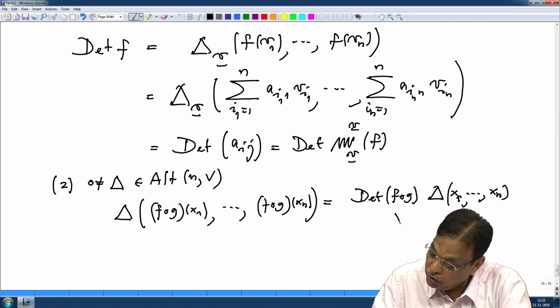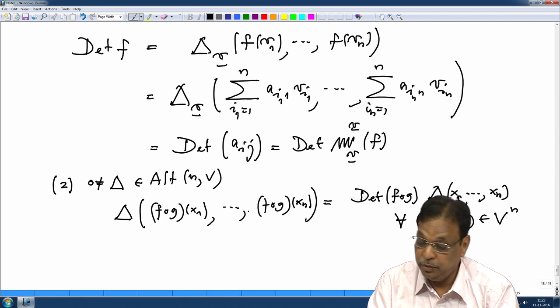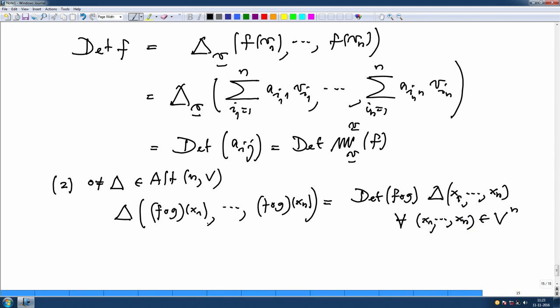This is true for all tuples x1 to xn in V power n. This is the new definition we propose: given any non-zero delta, apply the linear map first, and then whatever scalar comes out is this.